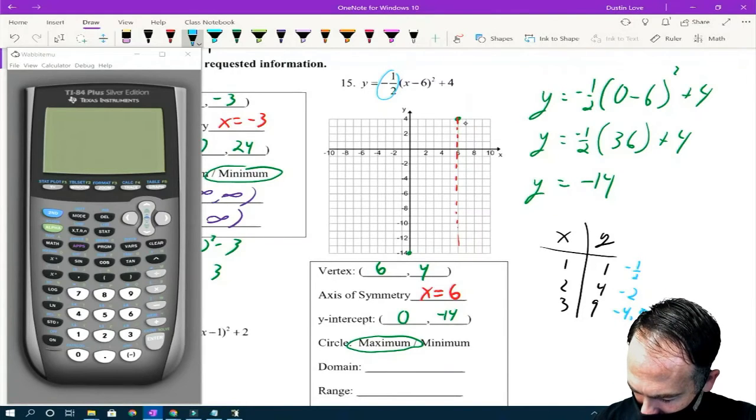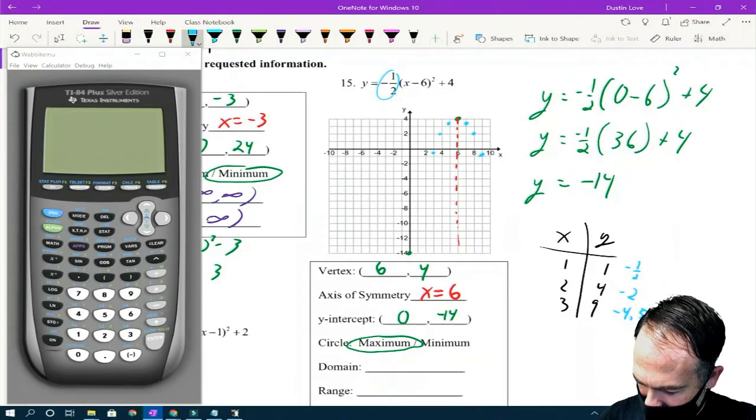So we got 1, negative half, 2, negative 2, 3, and then 2, 3, 4.5. Let's reflect those. And then also we can reflect the y-intercept, but there's not really space on there, so I'm not going to worry about it.